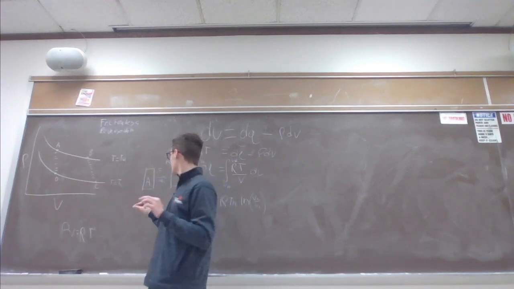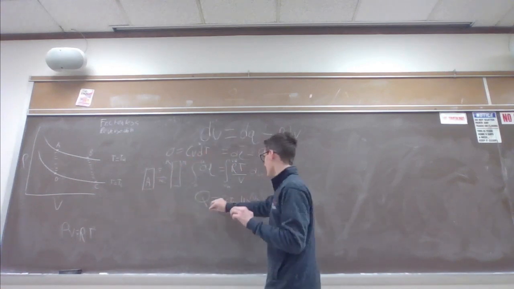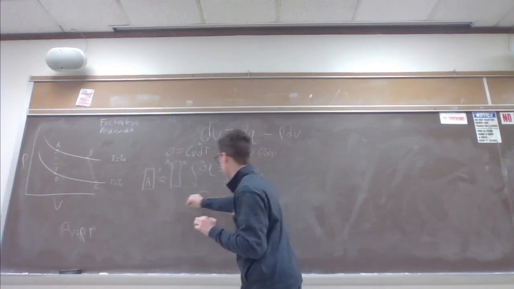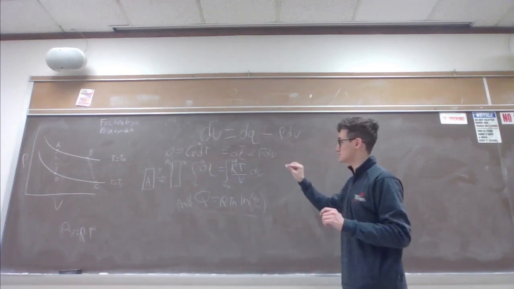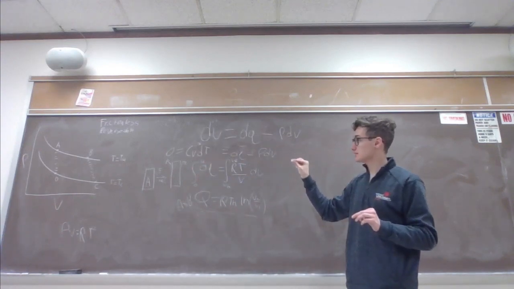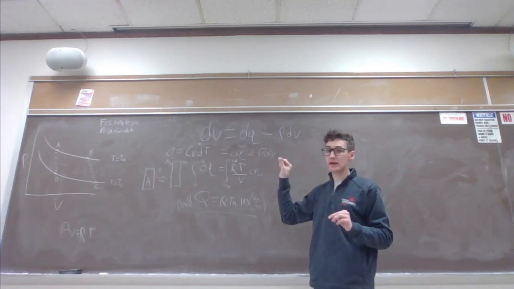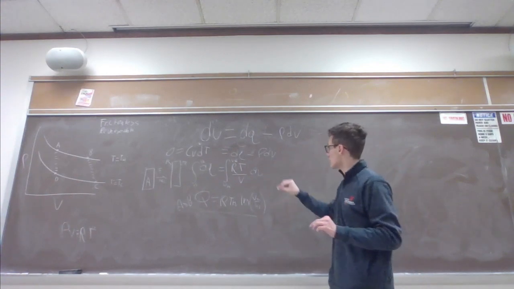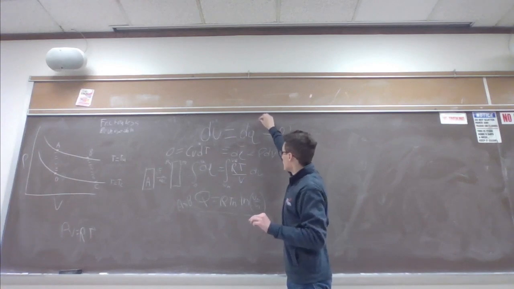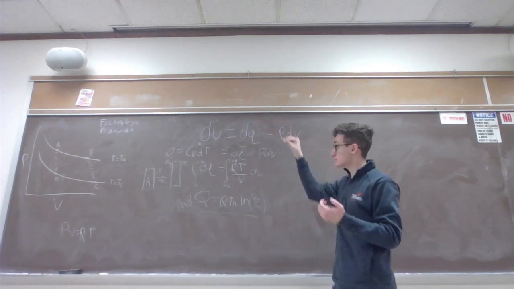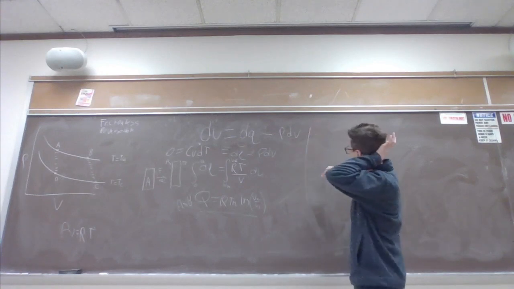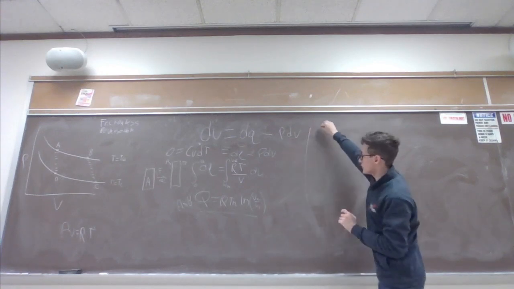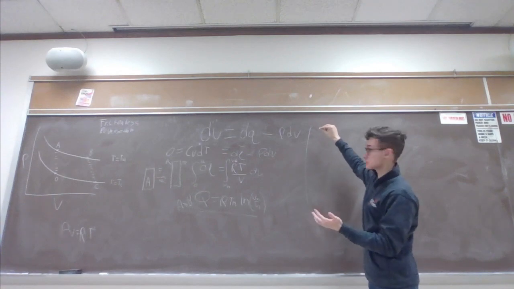So now we've gone from A to B. Now we want to go from B to C. And what we want to do from B to C is go adiabatically, which means our dQ, or change in heat, is going to be 0. So I'll actually draw out the situation first this time.